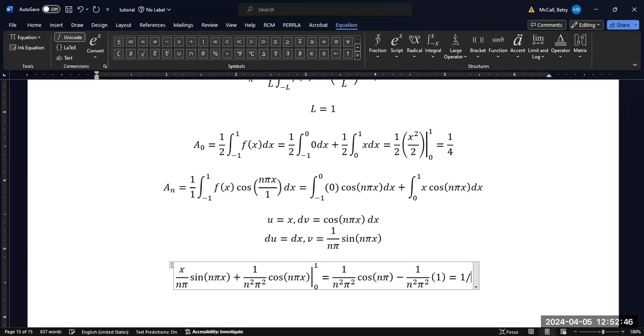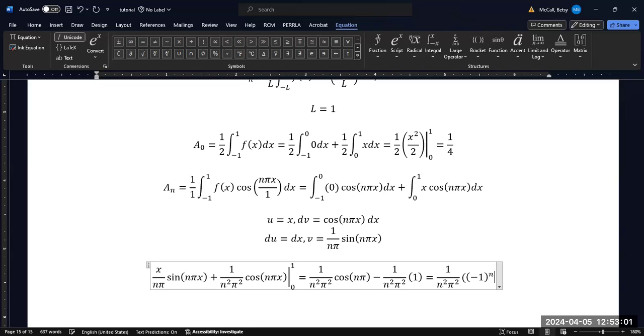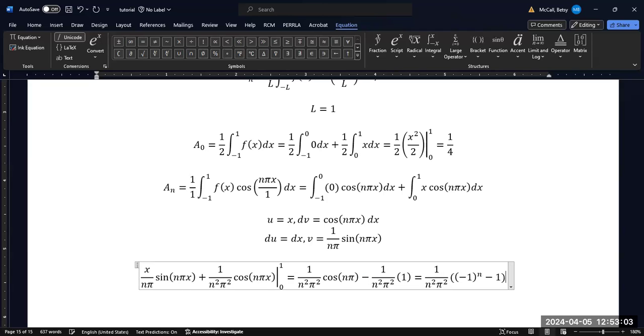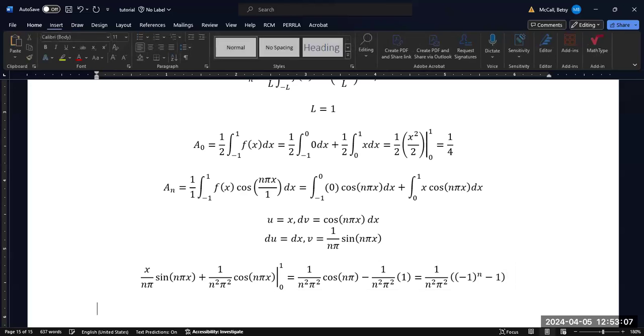So I've got a 1 over n squared pi squared, and cosine of n pi is negative 1 to the n, minus a 1.